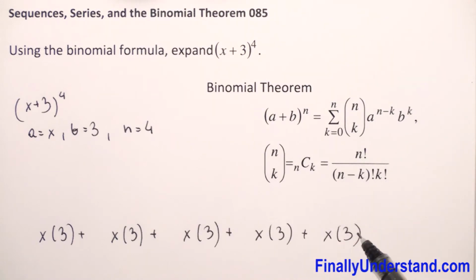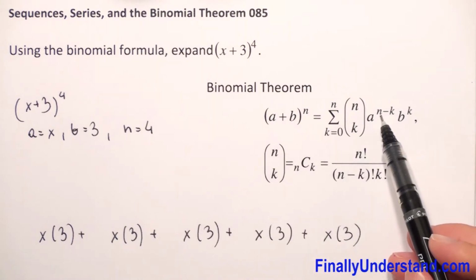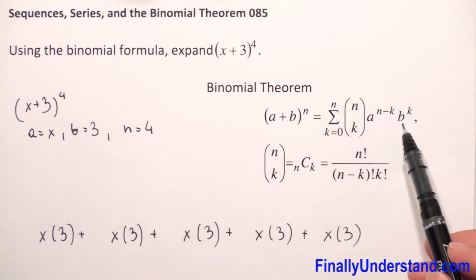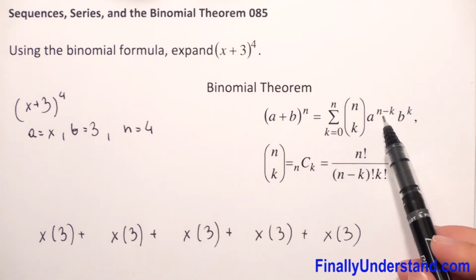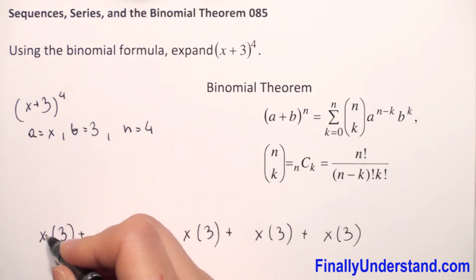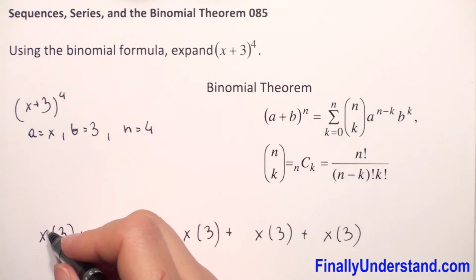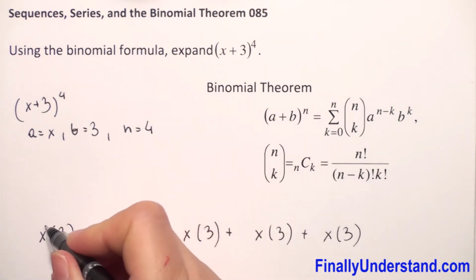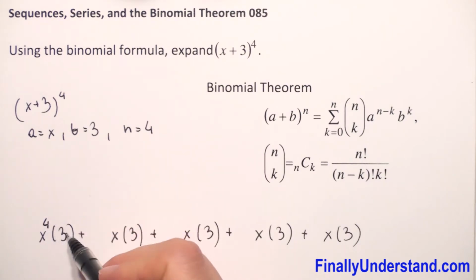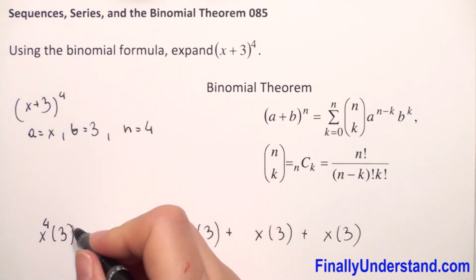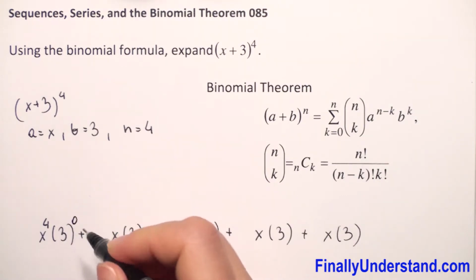Next, we have to write the exponents of the first expression and the second. k starts from 0. So the first power of the first expression will be exactly the same as we have here, 4, so it will be x to the power 4. And 3, because we start from k equals 0, will be to the power 0.